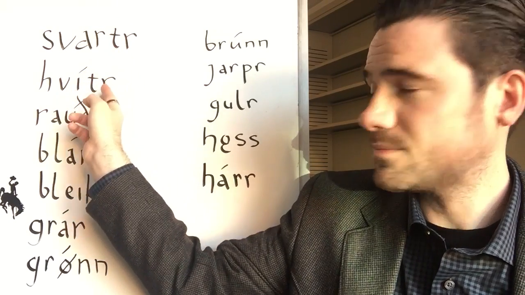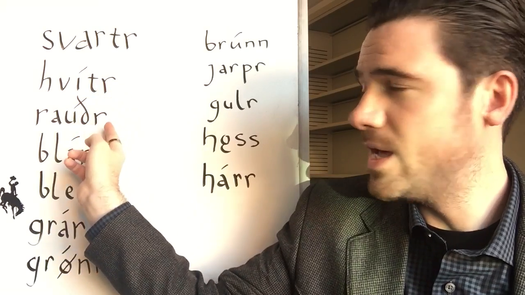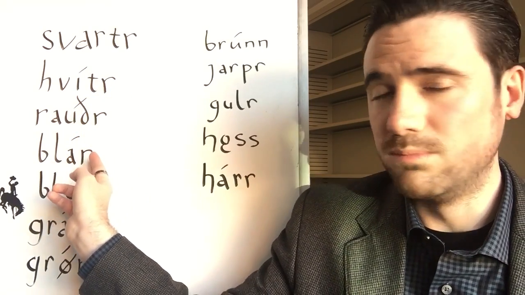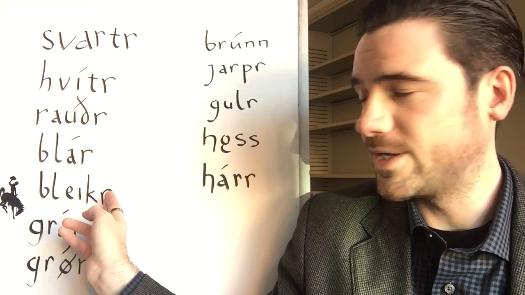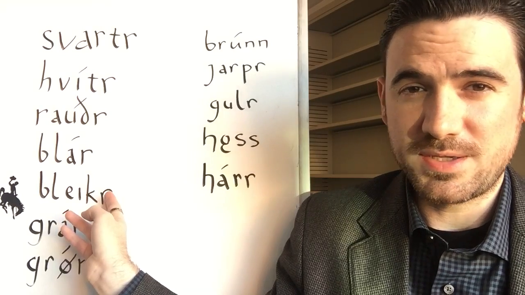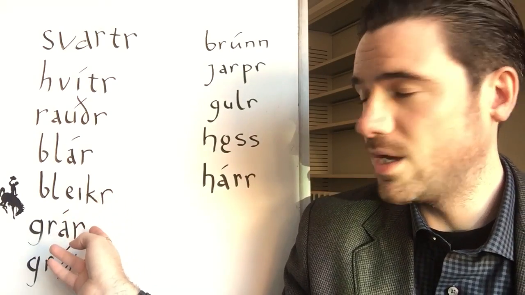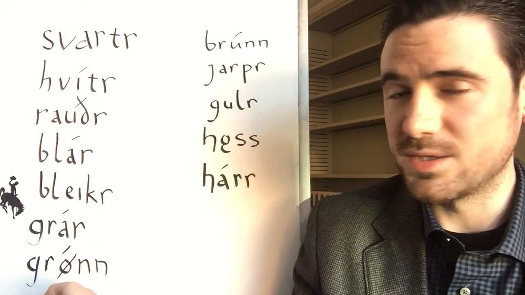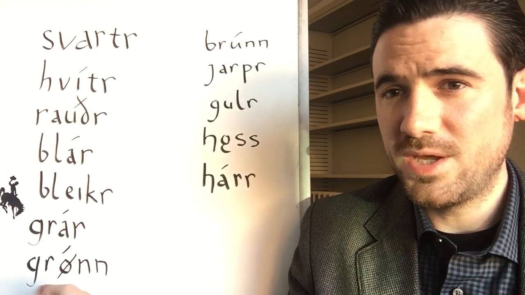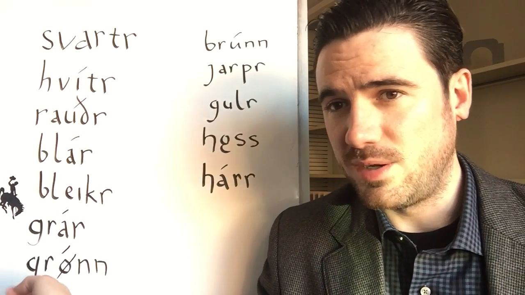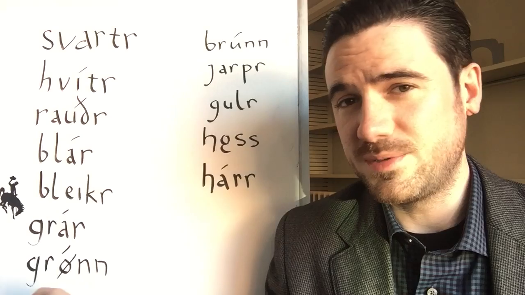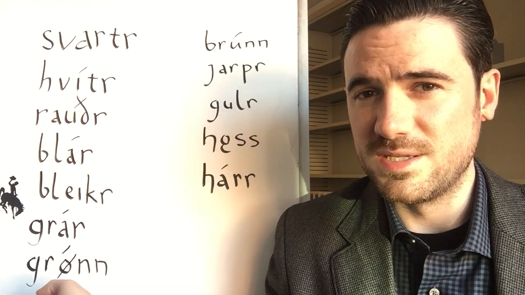Svartur, black. Hvítur, white. Rauður, red. Blár, blue. Bleikr, yellow and pink. I'll get back to this. Grár, gray. And grön, green. You'll often see that spelled with an OE together, or in modern Icelandic spelling an AE together.